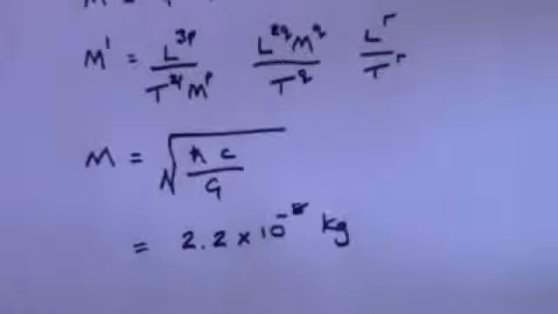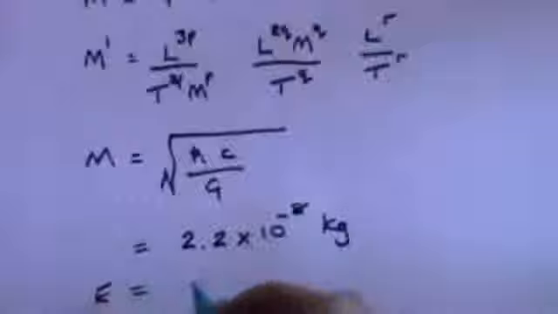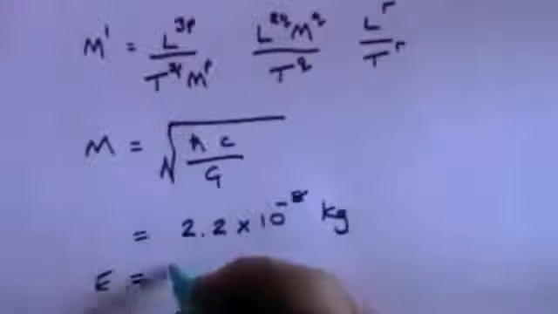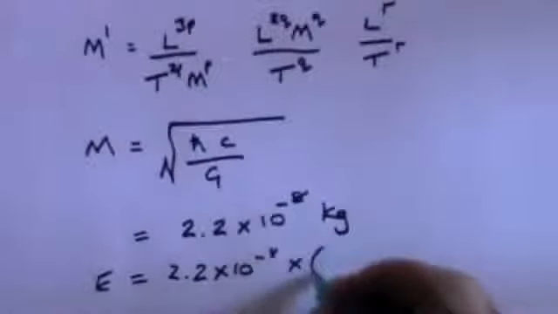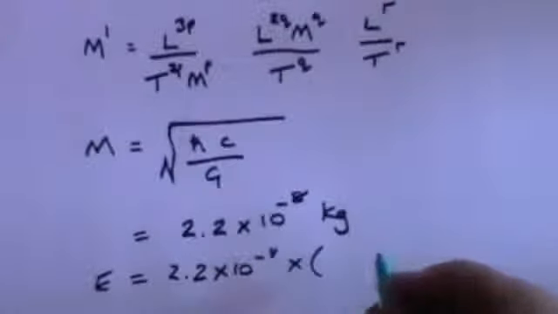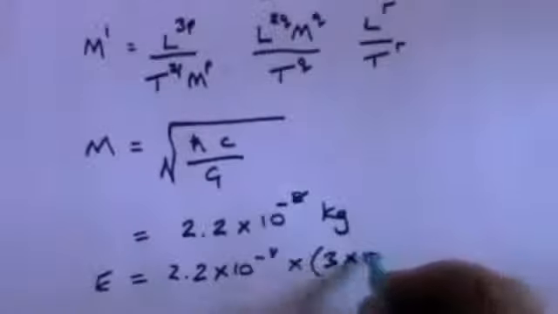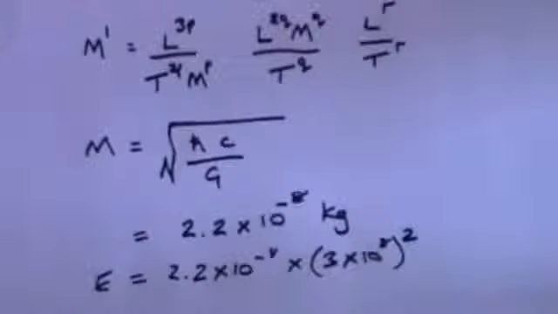Energy is mc squared, so if you want the energy associated with this mass, you have to take 2.2 times 10 to the minus 8 and multiply that by the speed of light squared, E equals mc squared, so that's 3 times 10 to the 8 all squared.